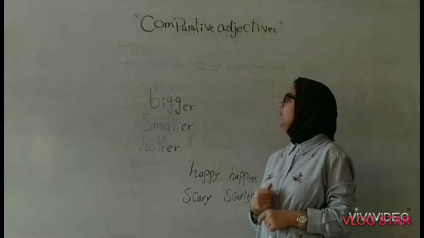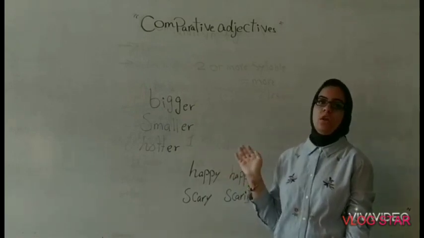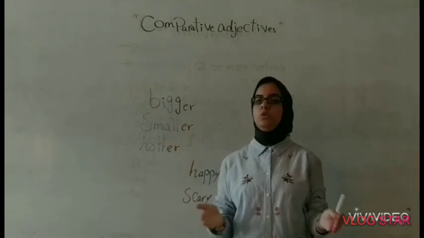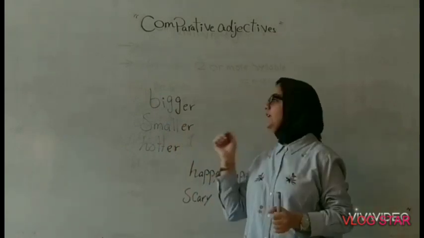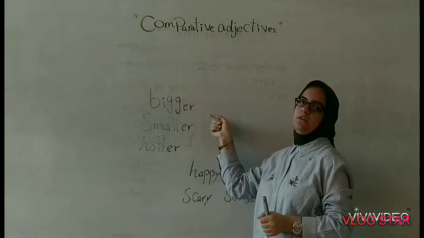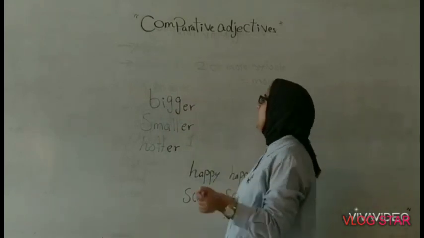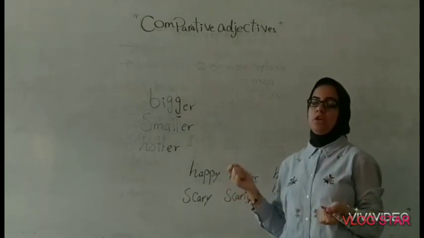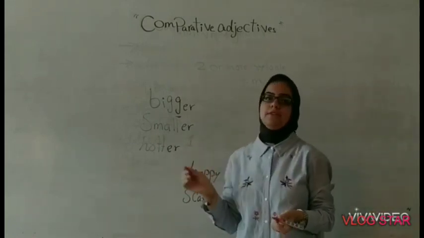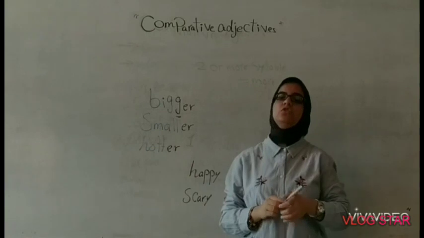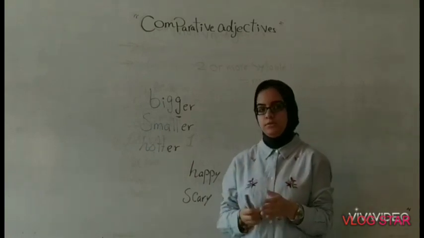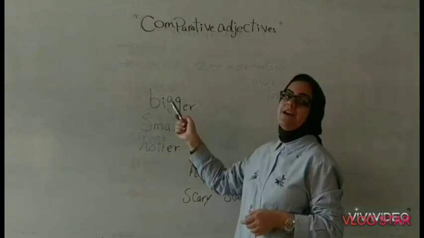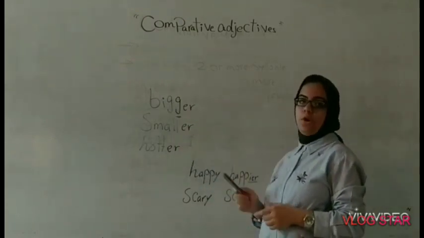We already talked about when we add ER and when we add more or less. But here we have bigger. So why here do I have another G? Our rule here is we have to pay attention to the vowel and the consonant, and look at the last three letters of the word.